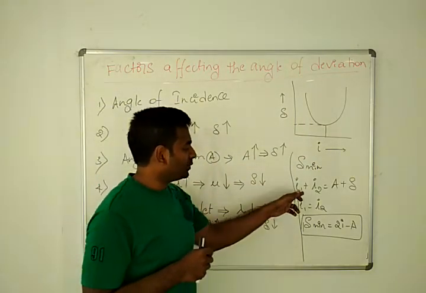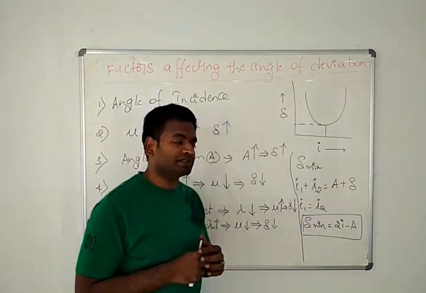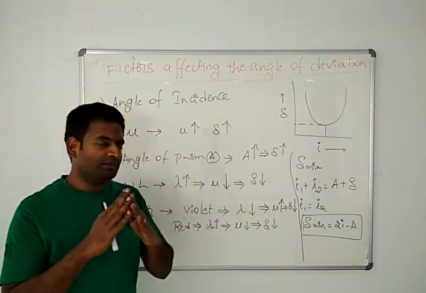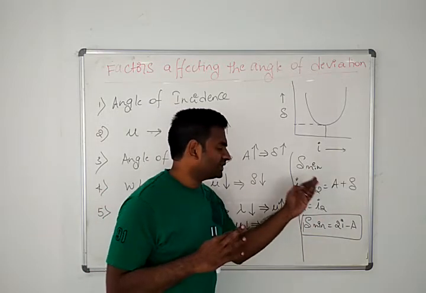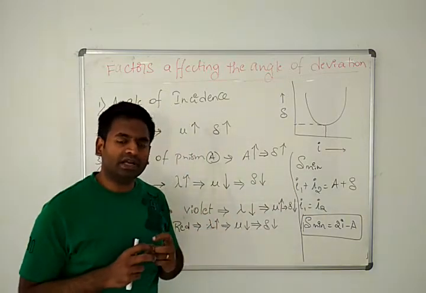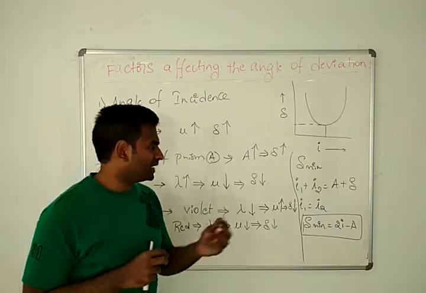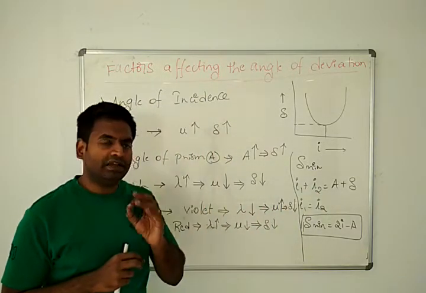If we see the equation from the prism, we know that I1 plus I2 is equal to A plus delta. The angle of prism, that is A, is already fixed, so we cannot change it. But angle of incidence and angle of emergence we can control. For example, if angle of incidence and angle of emergence are equal, that is when the delta will be minimum.